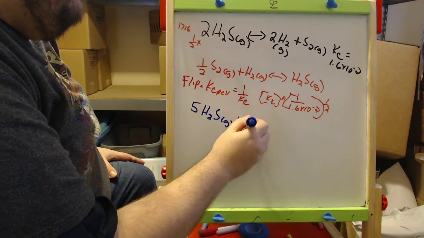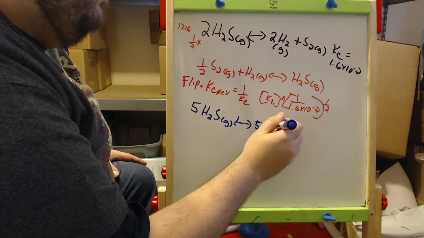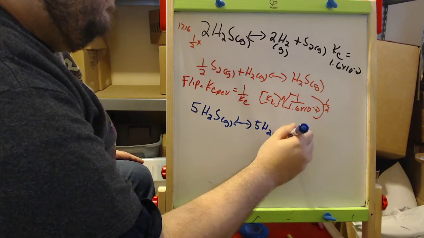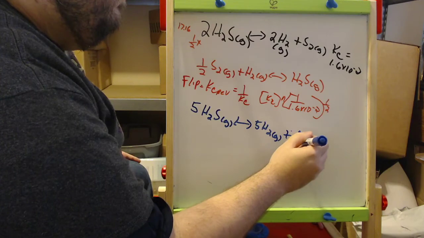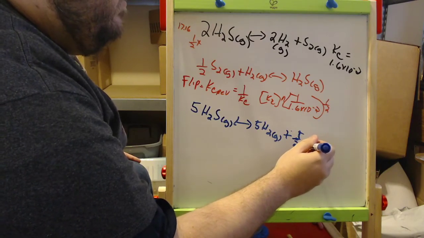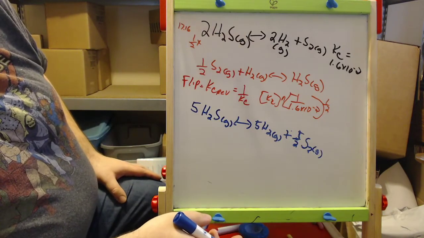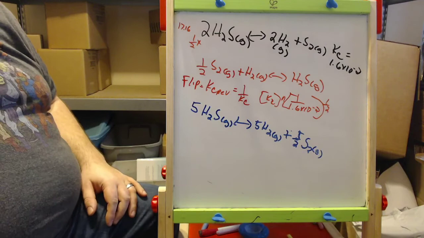The second one says, all right, 5H2S is at equilibrium with 5H2 gas and 5 over 2 S2 gas. I think it said S2, right? Yeah. All right.